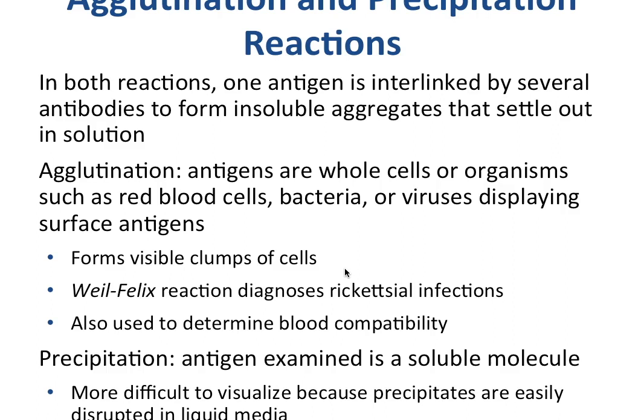The agglutination forms visible clumps of the cells. We use this mechanism to do blood typing. Also, we can use agglutination for the Weil-Felix reaction to detect Rickettsia infections.